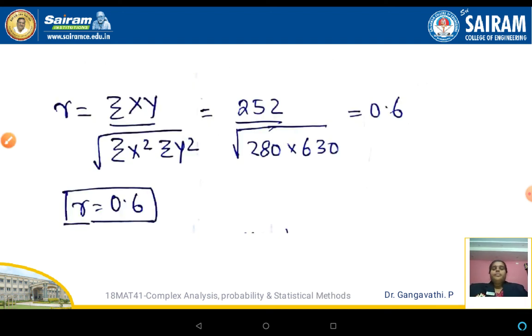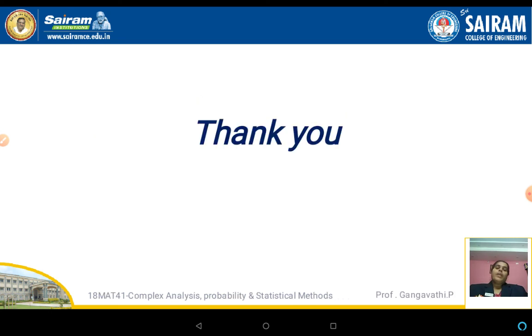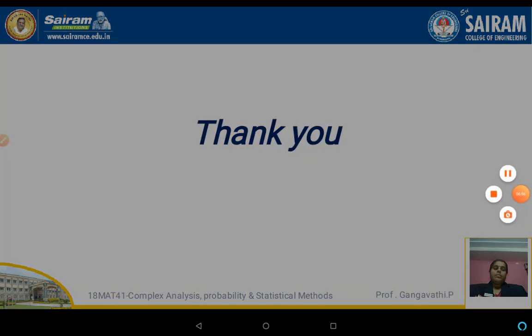Now substitute all these values in your formula, r is equal to summation XY by square root of summation X square into summation Y square, and simplifying we get the value of r as 0.6. Again, in every calculation you need to remember the r value should not exceed 1. So these are some more problems on correlation. Thank you.